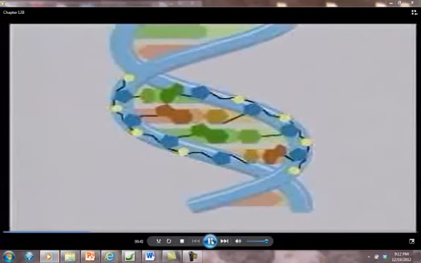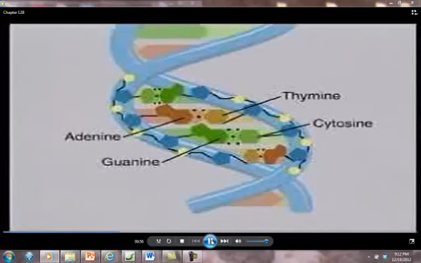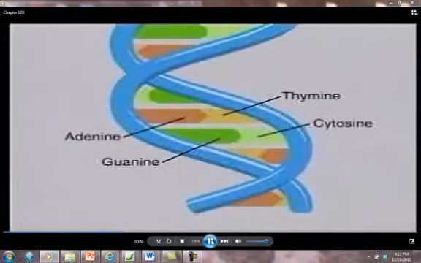Pairs of bases form the rungs of the DNA ladder. Hydrogen bonds hold the base pairs together. There are 4 different bases in DNA: thymine, adenine, cytosine, and guanine. The names of the bases are often abbreviated.